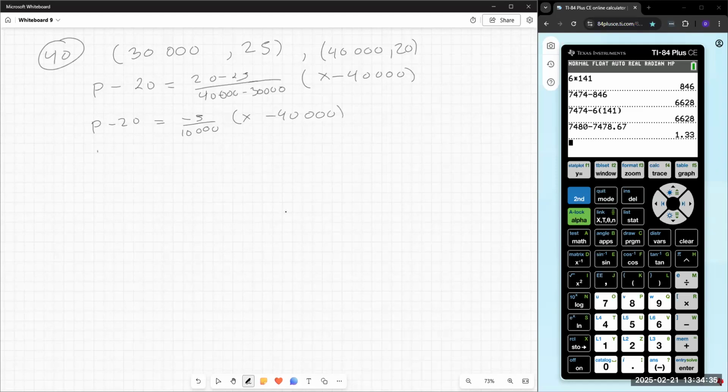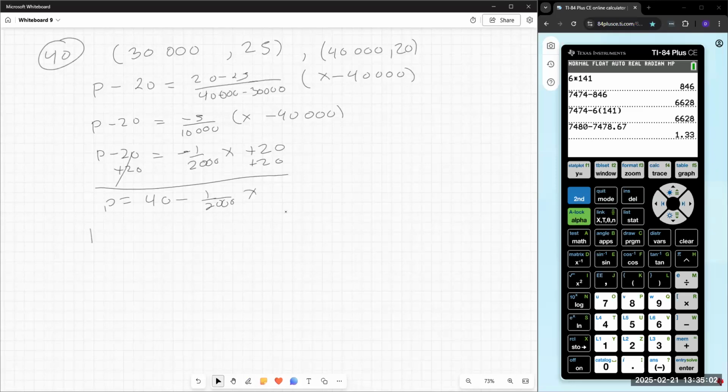So that's going to be P minus 20 is equal to -1 over 2,000 X, and then 10,000 goes into 40,000 4 times. -5 times -4 is a positive 20. Add 20 to both sides. We get that P is equal to 40 minus 1 over 2,000 X.